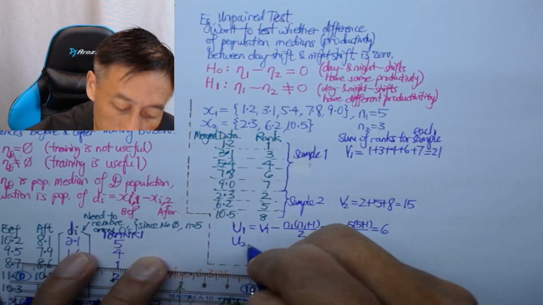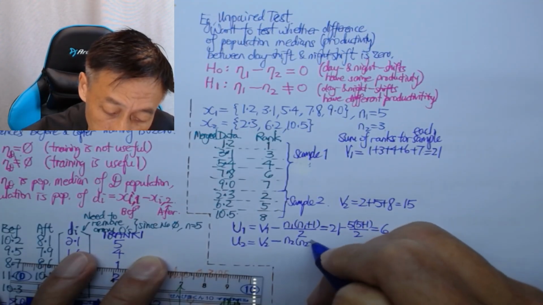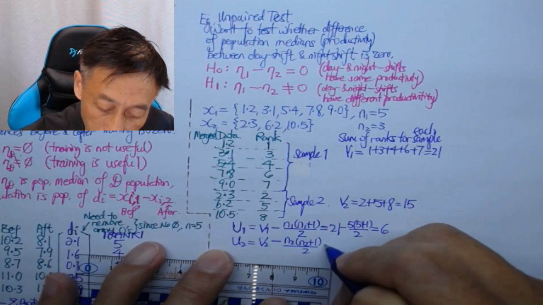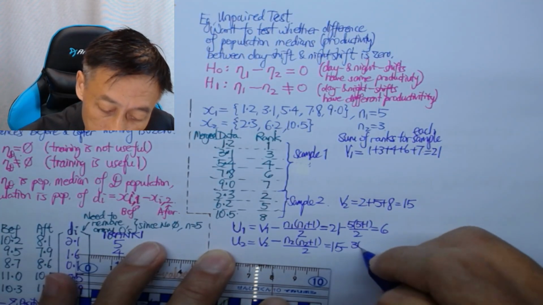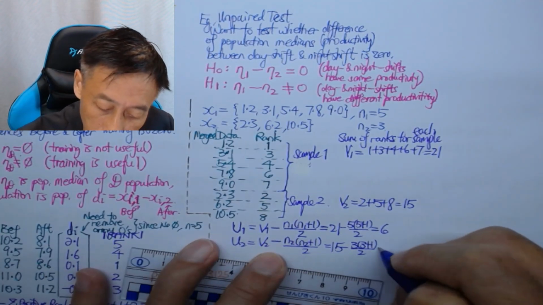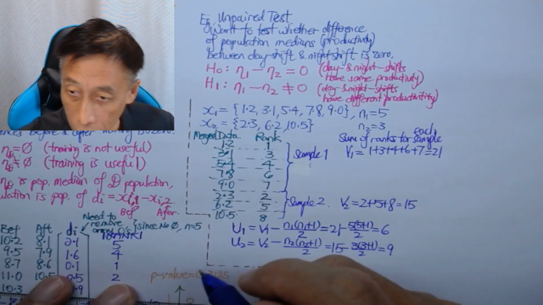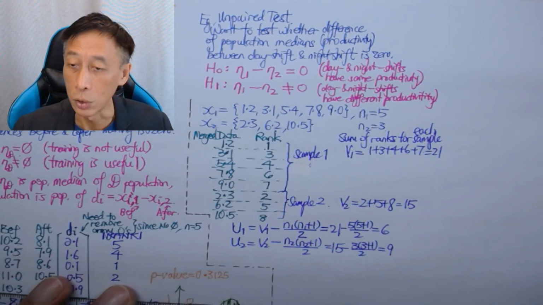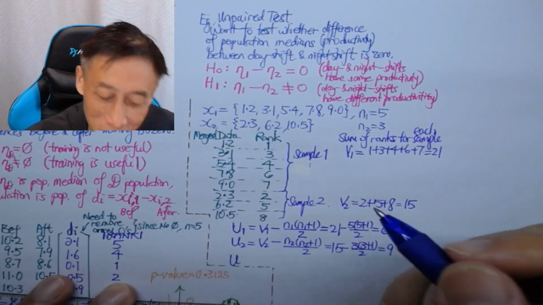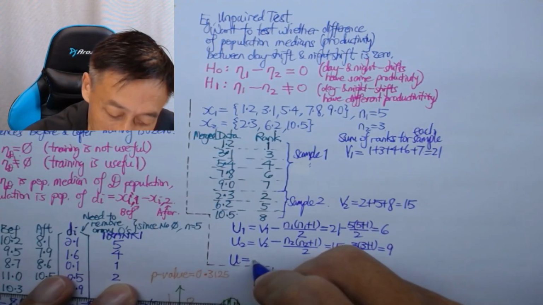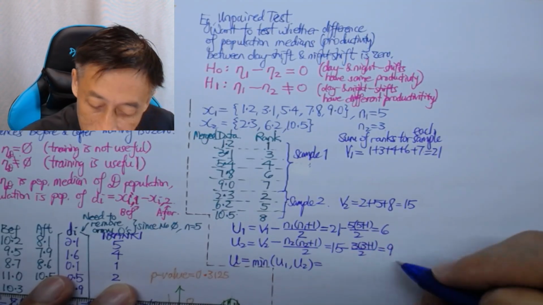Then U2 is the same, but using values from sample 2: 15 minus N2 is 3, so 3 times 3 plus 1 over 2, and we get 9. Finally, the U test statistic is, no surprise, like the Wilcoxon test statistic, the minimum of U1 and U2. So the answer is going to be 6.